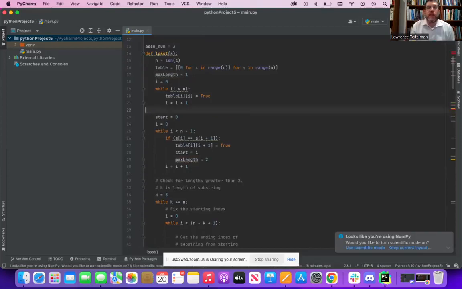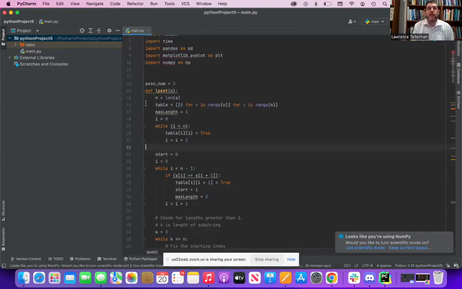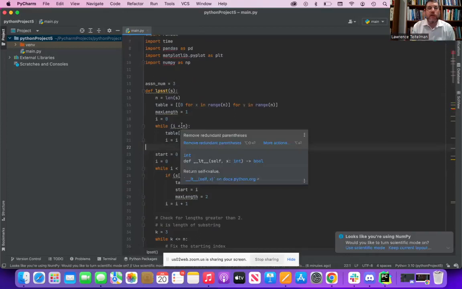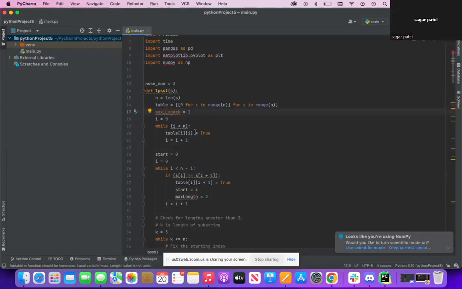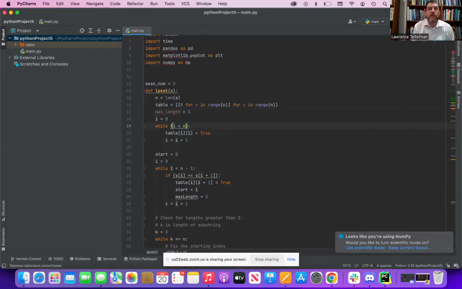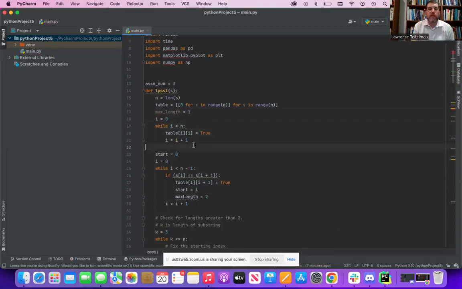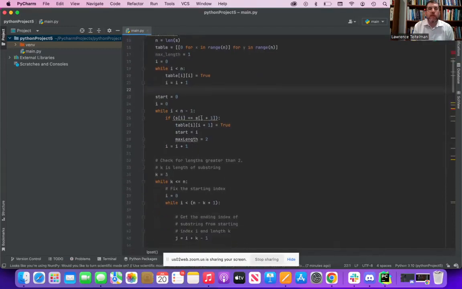Line 19. Okay, look at anything that's underlined you want to fix. Okay, so max length, put an underscore in. Just let PyCharm help you. Lowercase l. Okay, get rid of the parentheses in line 19, redundant parentheses. Get rid of the blank.